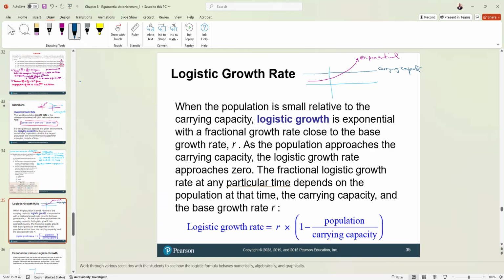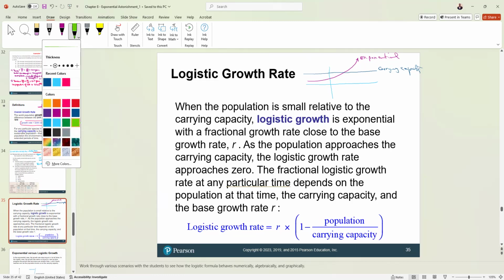Now, remember the exponential growth: when the population is much less than the carrying capacity, logistic growth looks like exponential growth, right? But if logistic growth levels off as the population approaches the carrying capacity, look what happens. We may have something like this.